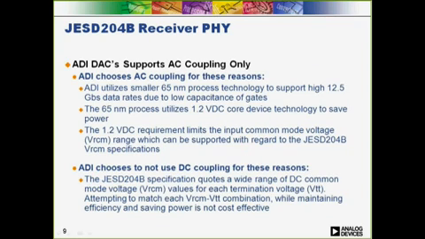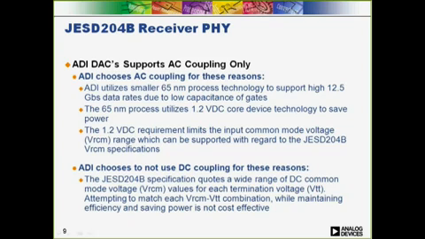ADI DACs do not support DC coupling since all of our DAC products using the JESD204B interface are built using a small process node that supports up to 12.5 gigabits per second data rates. At this process, a 1.2 volt core is used to offer low power operation. At this voltage, it would require a lot of overhead circuitry in order to support DC coupling.